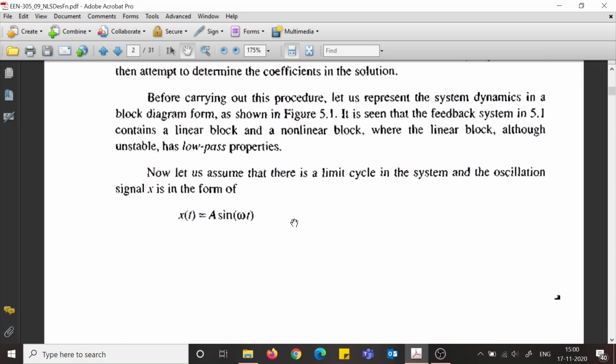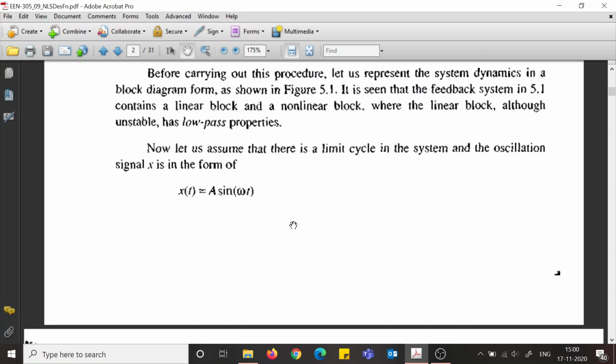However, in case of nonlinear systems, when you give an input like this, which is a simple sinusoidal input, you can get a periodic output if there is existence of a limit cycle in the system. But that periodic output may not be a pure sinusoid.